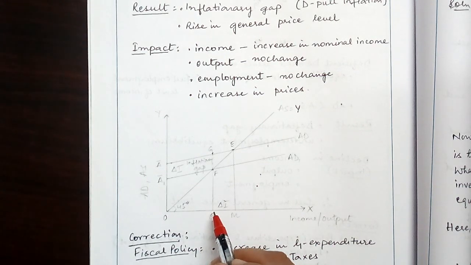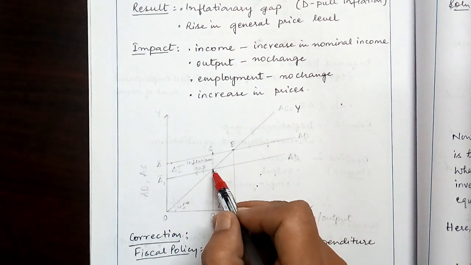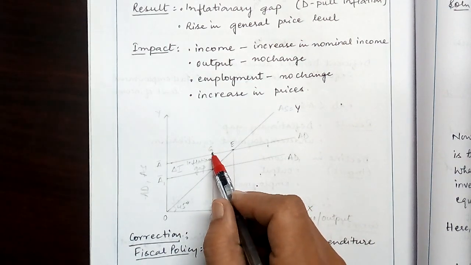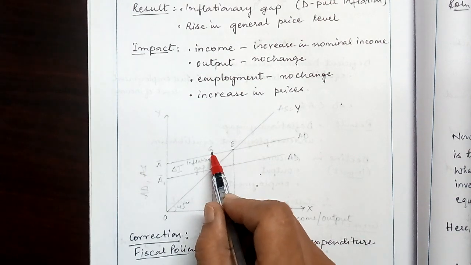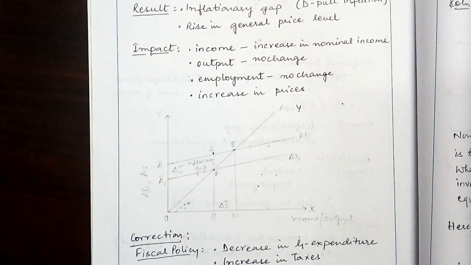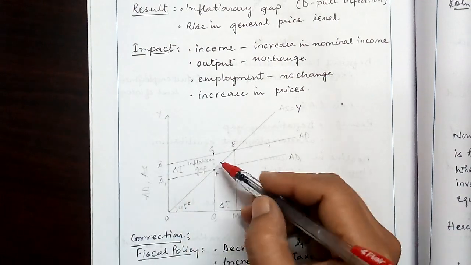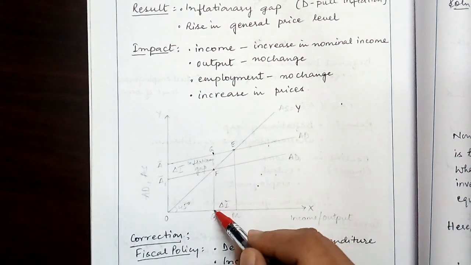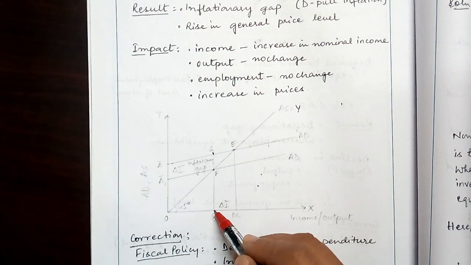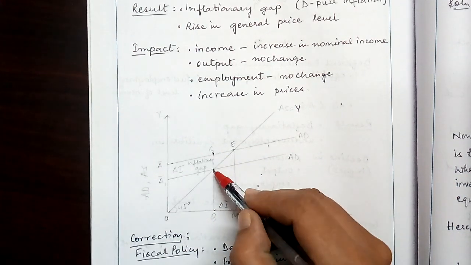But since there is a change in income, the aggregate demand would rise. By how much? By FG. So now the aggregate demand would be GQ.